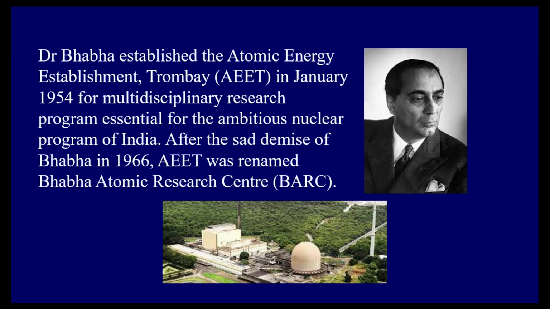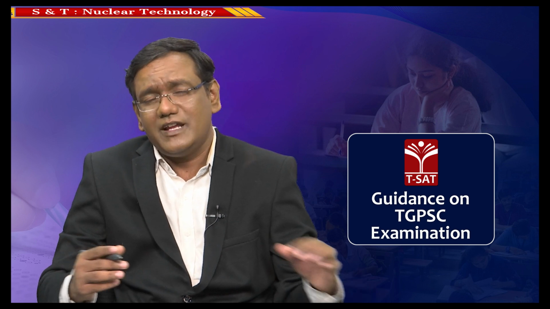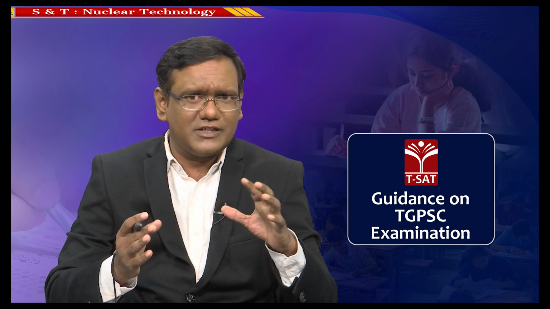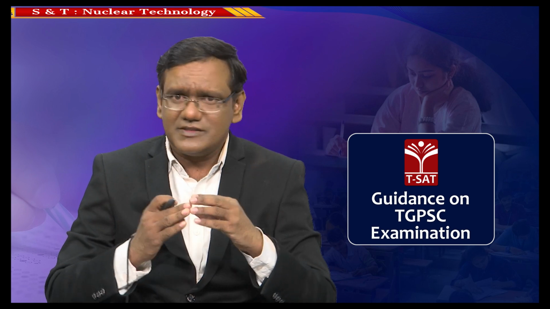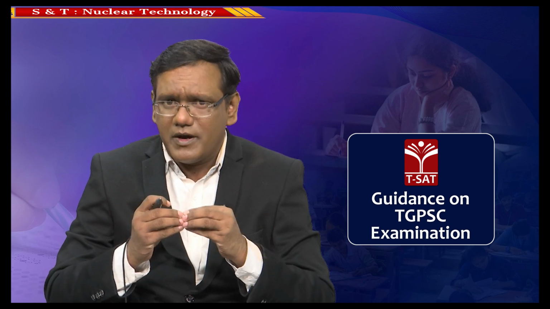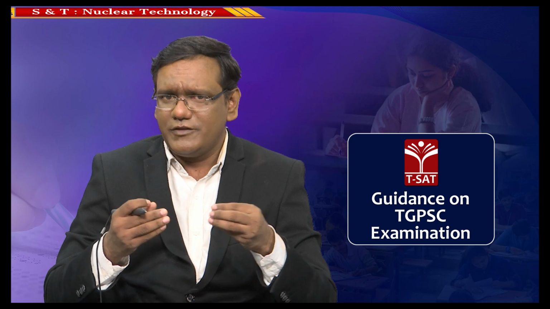Before going into this, let me explain how electricity is generated. We have understood that when 2 atoms combine, energy is released, and if one atom splits into 2, that also releases energy. Now, how is electricity generated? Let me give you an example.